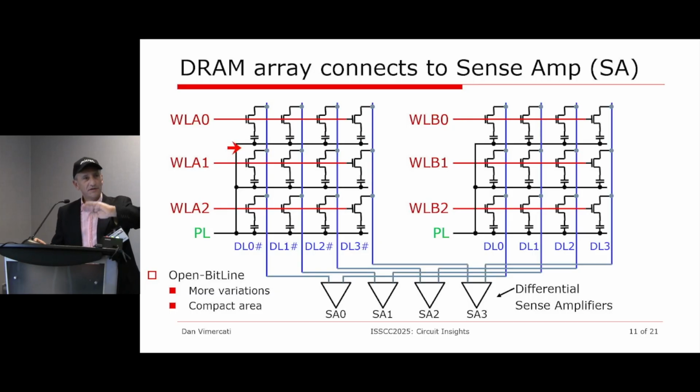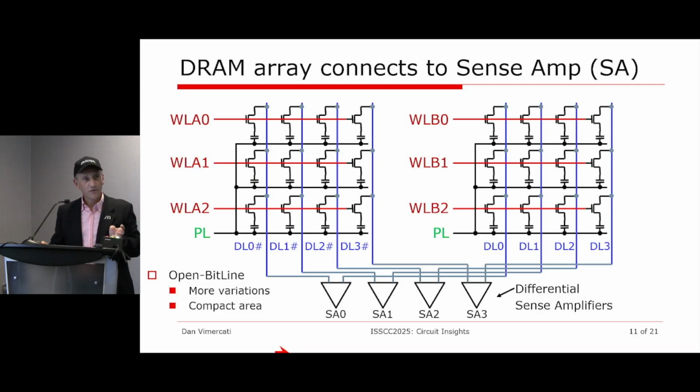So there may be variability just due to the fact that one is not exactly close to the other. This open bit line configuration has a little bit more variability, but it has a compact area, because this is a true array. We can print this very efficiently.